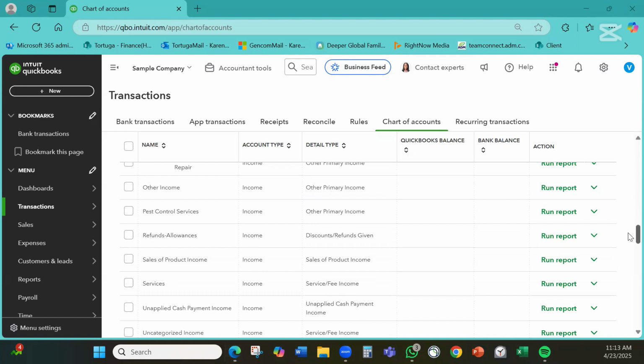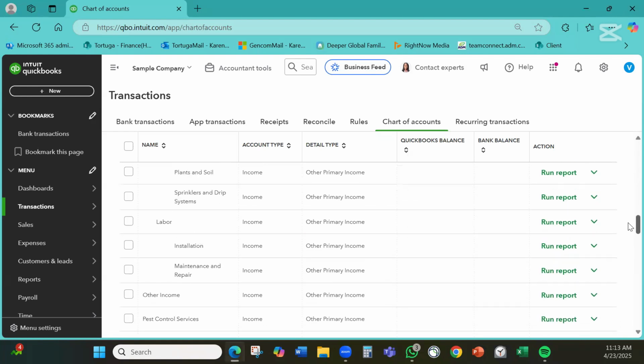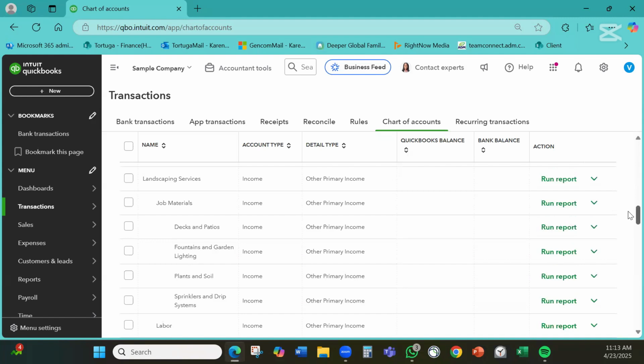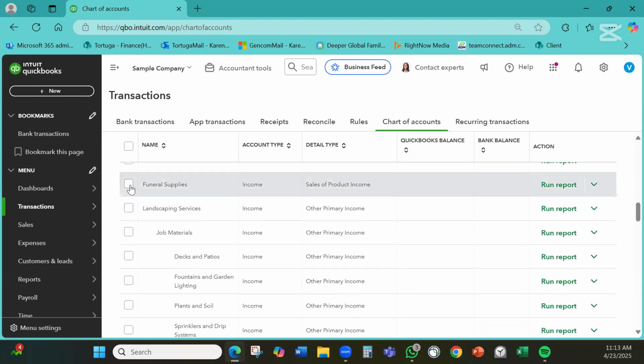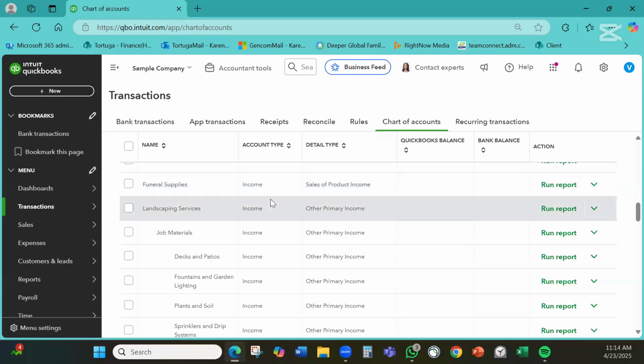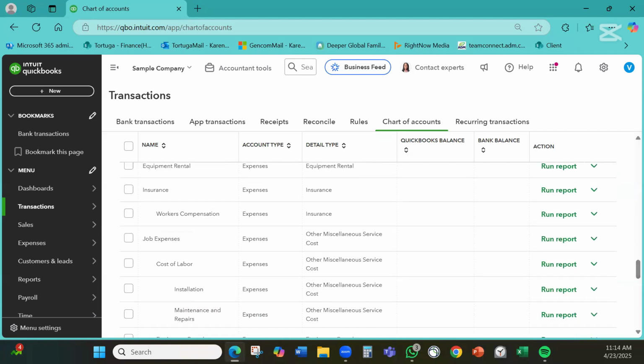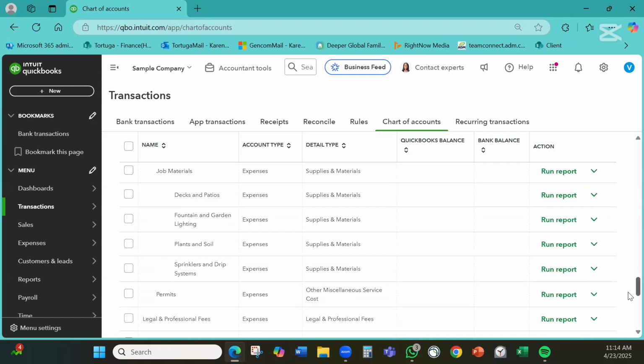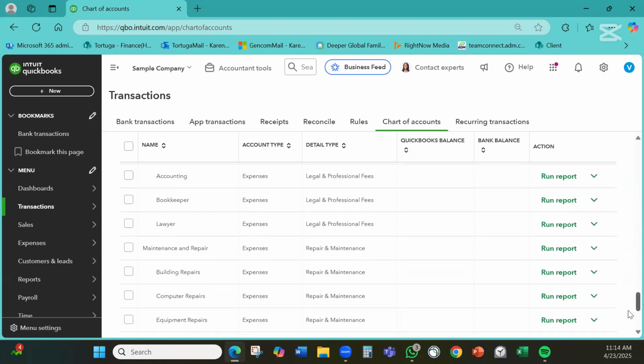I added something. Let us see if I see it. The funeral service, where is it? It was on income. Right, this was the one I added. Right? So you can go in and add whatever it is you want to add. And you will create your chart. Legal and professional fees, these are expenses.